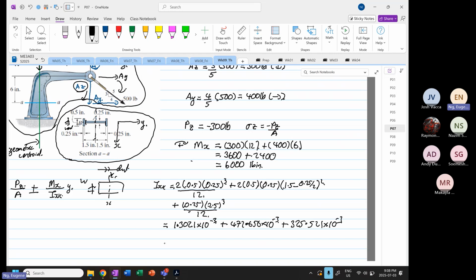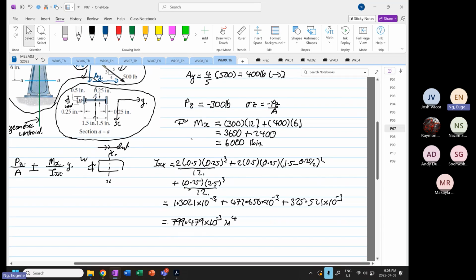So this will be equal to 1.3021 times 10 to the power of minus 3 plus 472.656 times 10 to the power of minus 3 plus 325.521 times 10 to the power of minus 3. So the second moment of area I get is 799.479 times 10 to the power of minus 3 inches to the power 4.